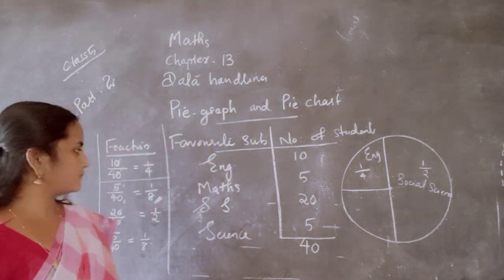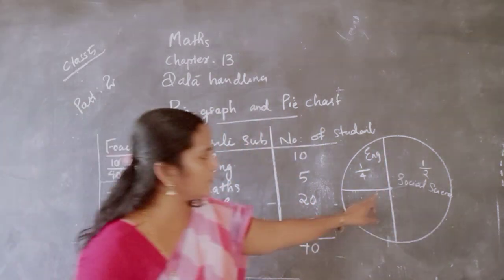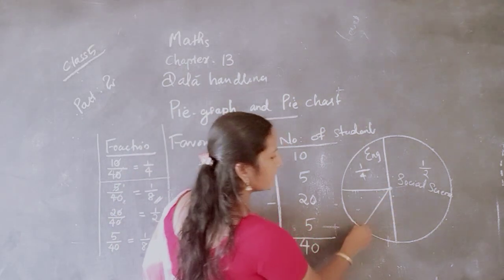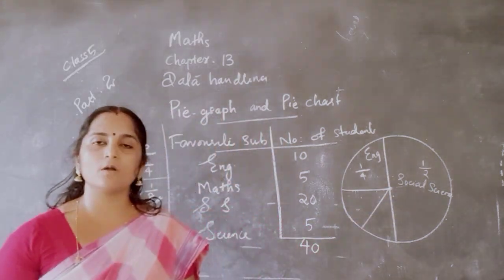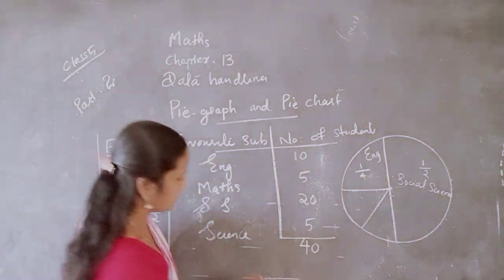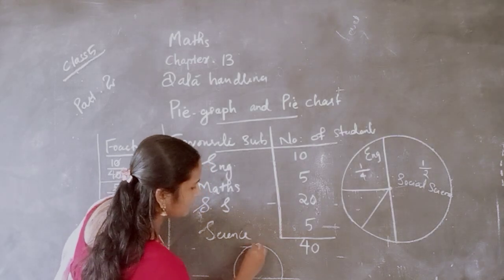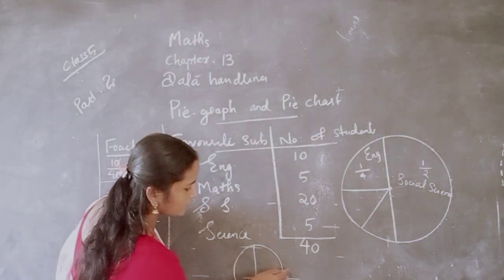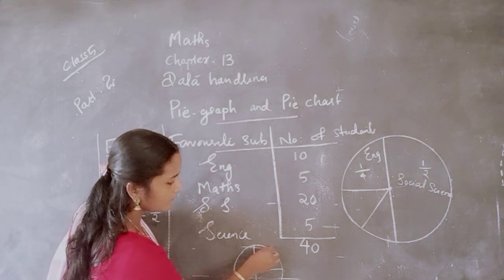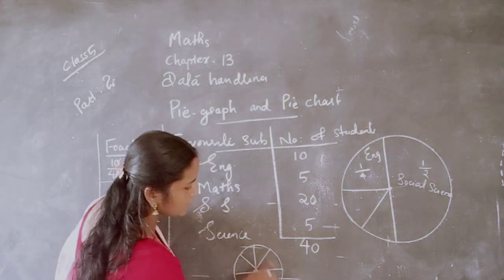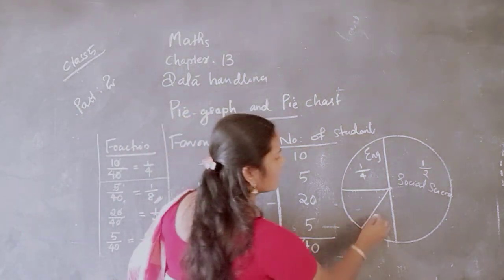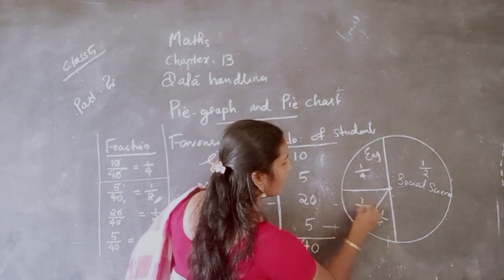Then 1 by 8 means if you divide this 1 by 4 into 2 equal parts, each part is 1 by 8. Similarly, here also each portion is 1 by 8.